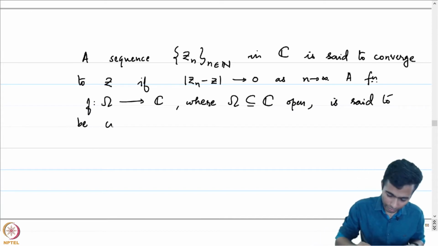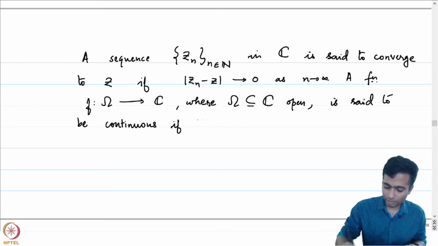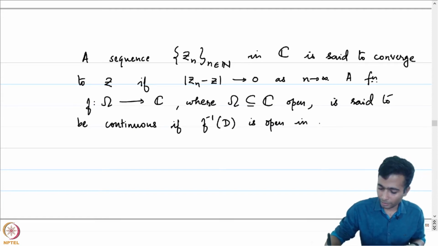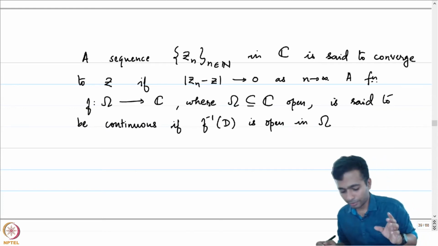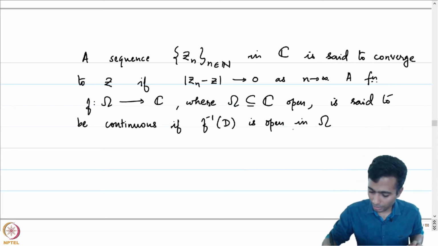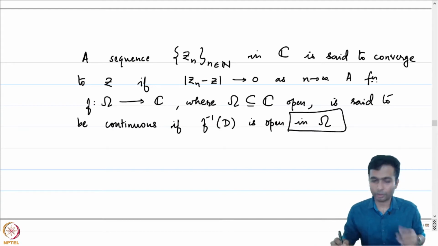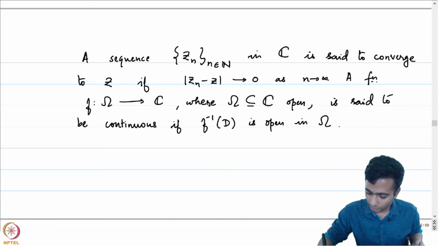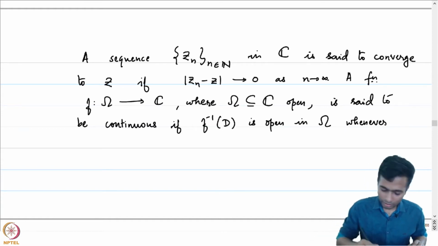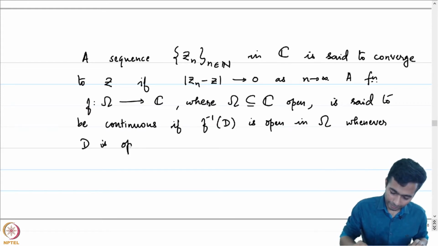It is continuous if f inverse of T is open in omega. The condition that omega is open in C is going to help us not worry about whether it is open in omega or whether it is open in C, but nevertheless, let me put it this way: f inverse of T is open in omega whenever T is open in C.